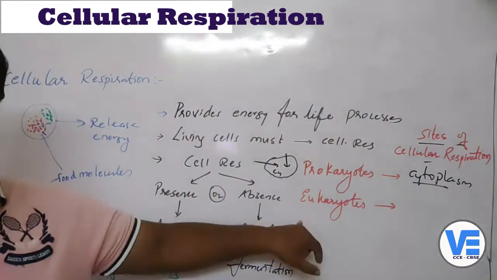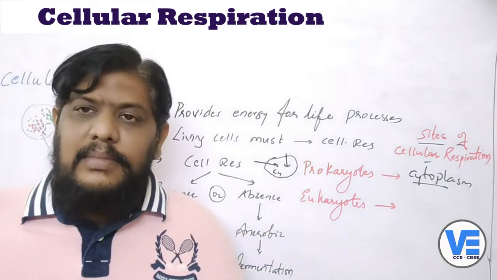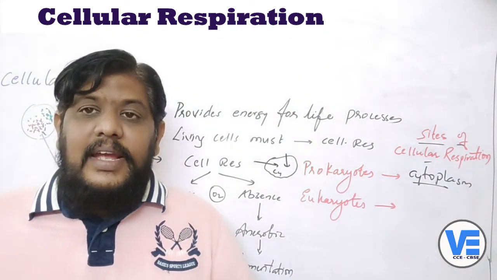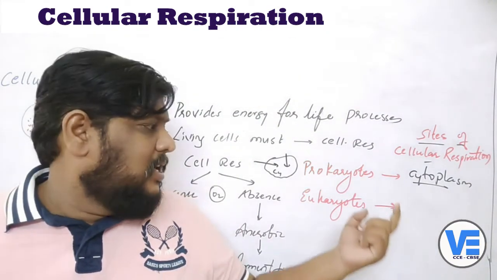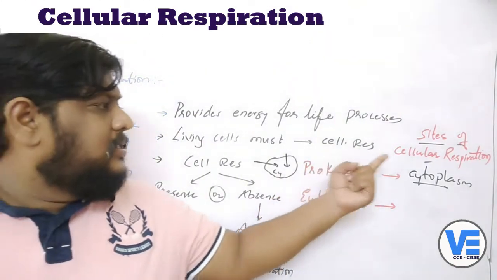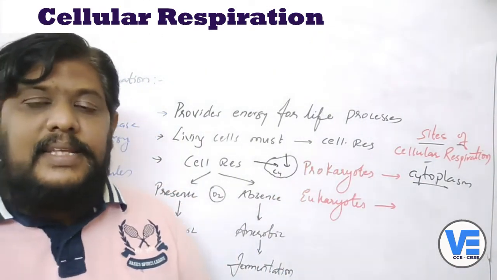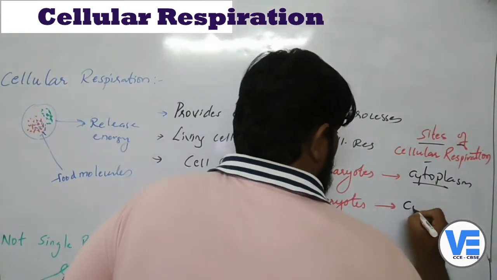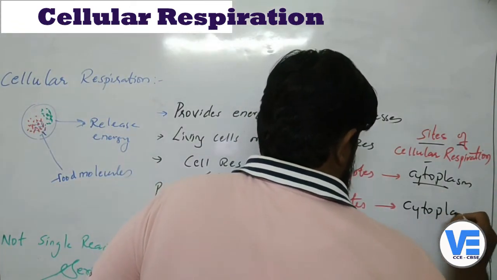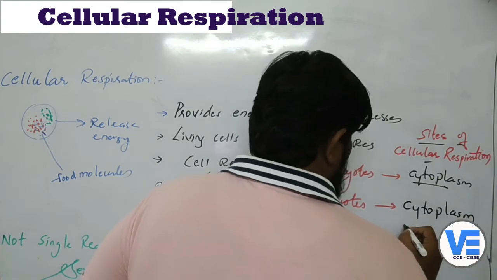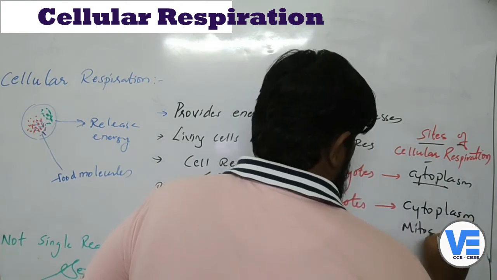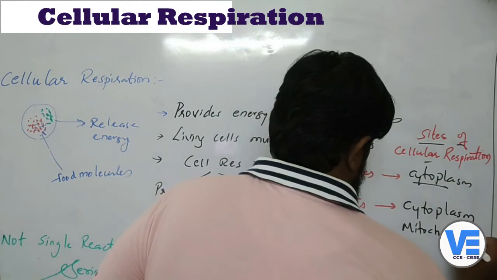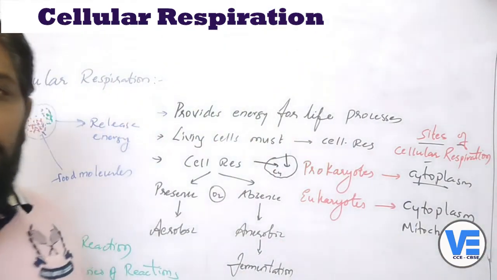And now coming to eukaryotes, all the higher animals and the organisms which have a distinct nucleus in the cells, where will the cellular respiration take place? Cellular respiration will take place in two places. One is the cytoplasm, and the second one is the mitochondria.